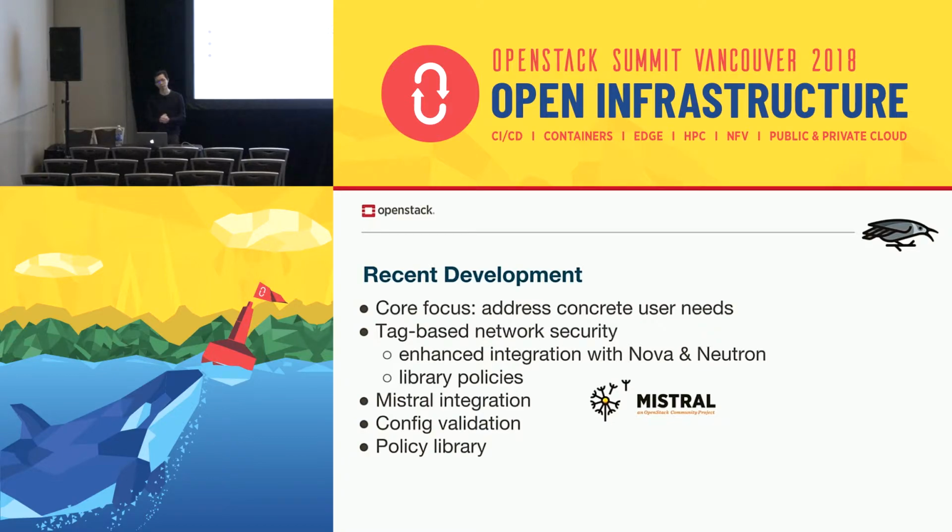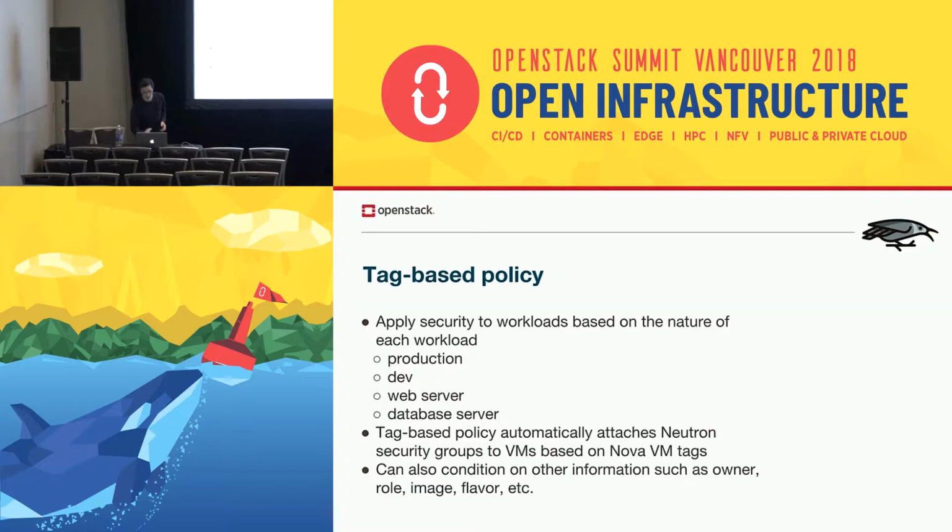Now let's talk about a couple of these features in more detail. First, let's look at tag-based policy. In a dynamic cloud environment, we often want security policy to apply to workloads based on the nature of each workload.